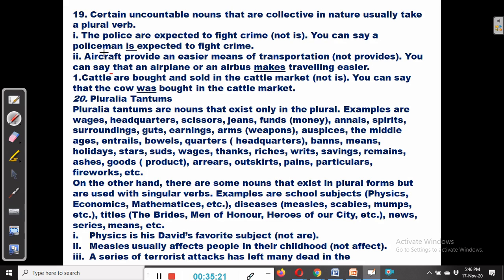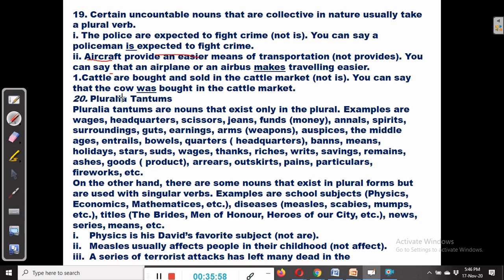In fact, when you say a policeman, you have singularized the subject. But when you say the police, that is perceived as referring to the group, the organization, and as a plural form. Then example: aircraft provide an easier means of transportation, not provides, because aircraft is viewed as an uncountable noun that always takes a plural verb.